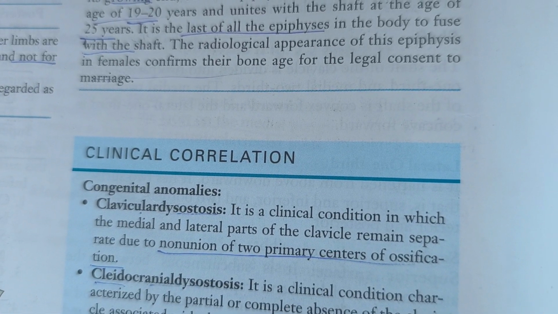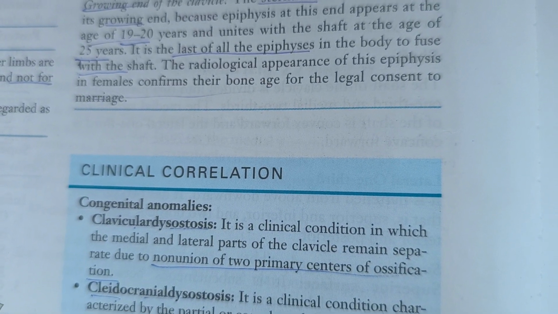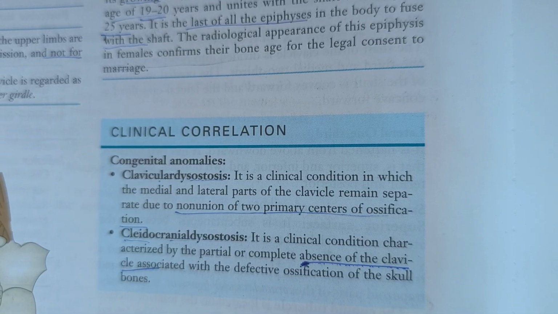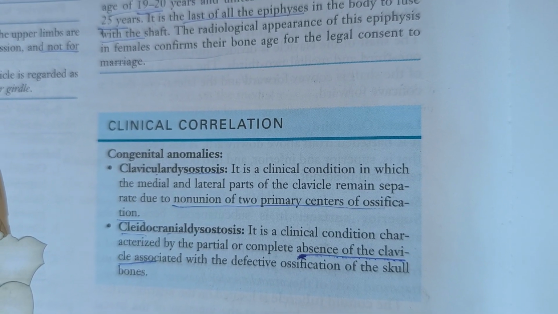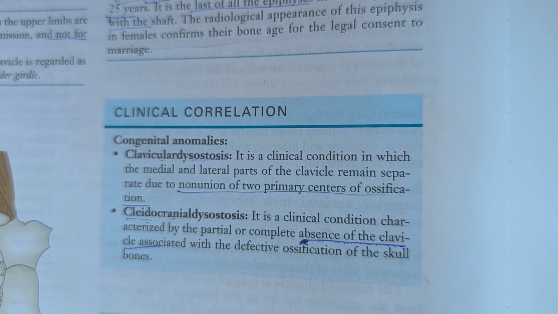It is the last of all epiphyses in the body to fuse with the shaft. The radiological appearance of this epiphysis in females confirms their bone age for the legal consent to marriage.